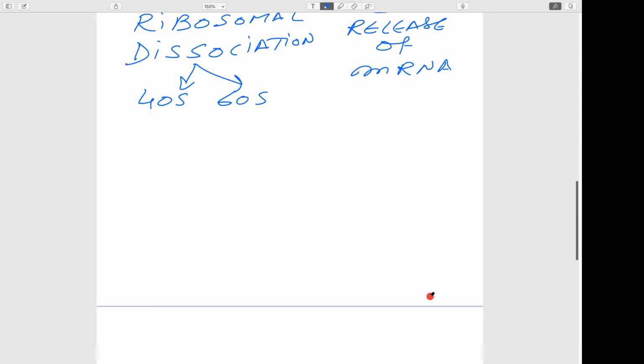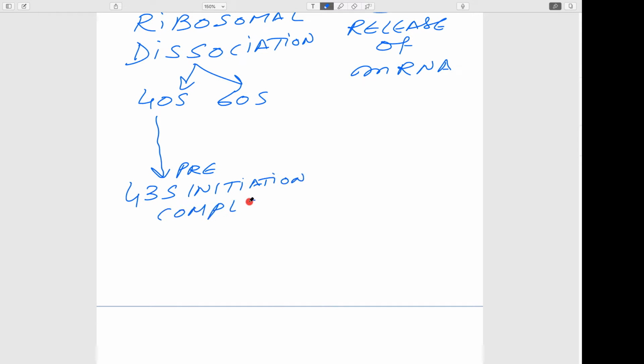What are the next steps in both the aspects, that is ribosome and messenger RNA? Initially the 40S is used, and that is converted to the 43S pre-initiation complex. We call it PIC.